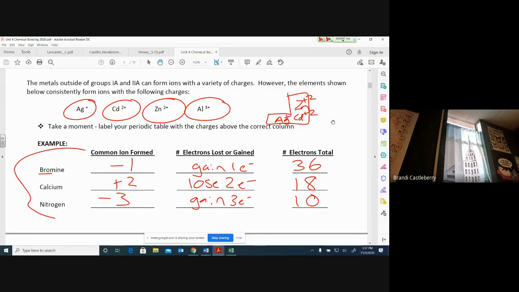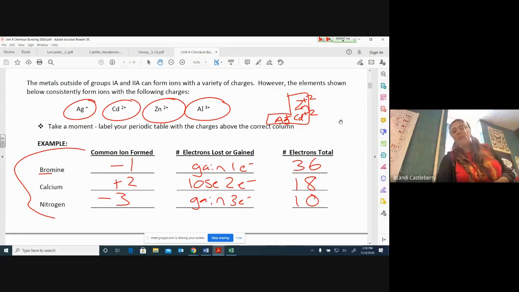Those are stable numbers. So the noble gases are already stable. These elements are trying to get to their level of stableness. So anytime you're answering these ion electron questions, it's going to be one of those numbers: 2, 10, 18, 36, 54, 86.